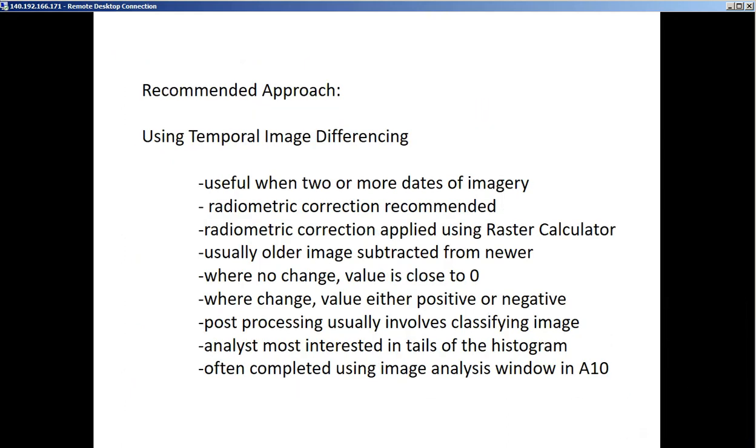All right. Now, the approach that we use is something called temporal image differencing. In temporal image differencing, you use two dates of imagery, and you're interested in the change that took place between these two dates. You do radiometric correction first, if you need to, if there's a significant difference in the dates.